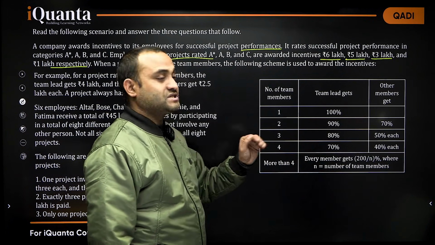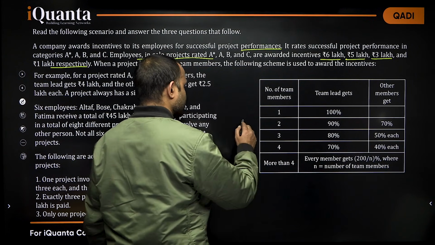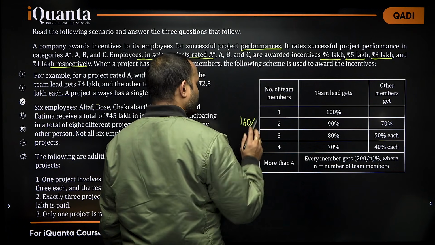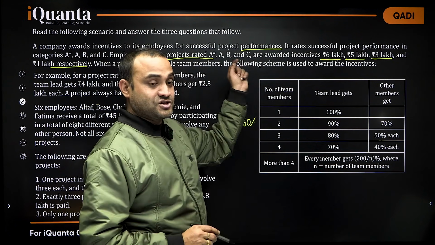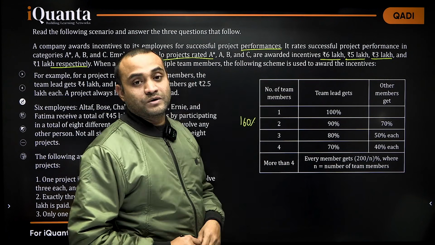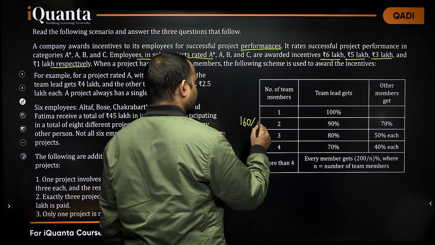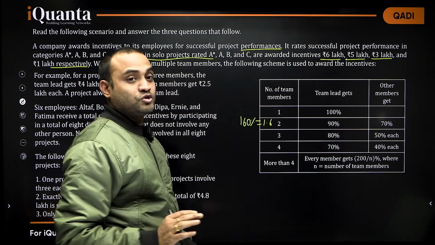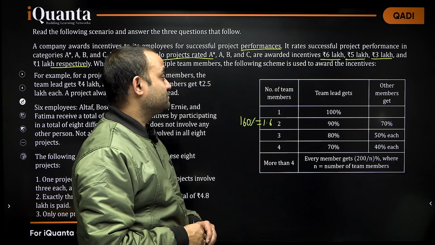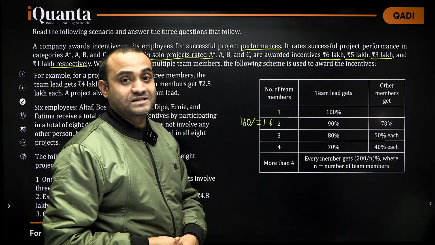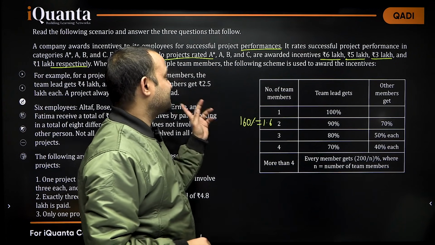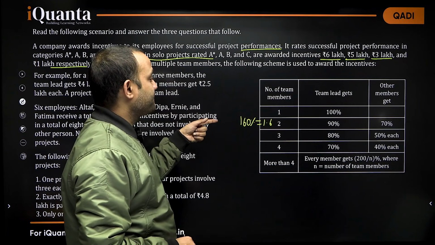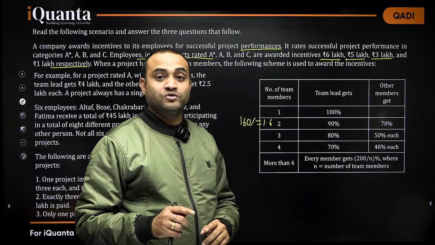So 90 plus 70, that is 160% of the total. Means if the performance is A star, 6 into 1.6, this is nothing but 1.6 times. 1.6 into 6, both the team members together are going to get 9.6 lakhs. If the performance is level A, 1.6 into 5, they are going to get 8 lakhs.